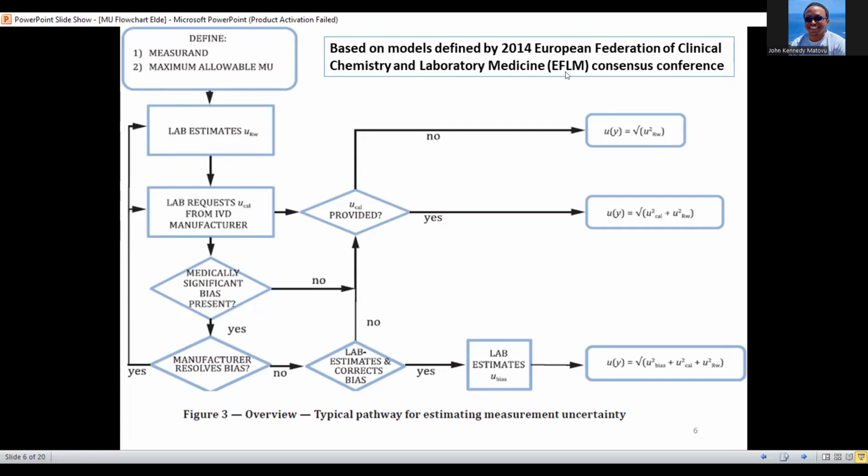I'm always comparing total allowable error. I'm not saying that the MU is wrong, but if you want to compare the MU that you obtain, we need to have it below the maximum allowable MU. And here's the source. All right.